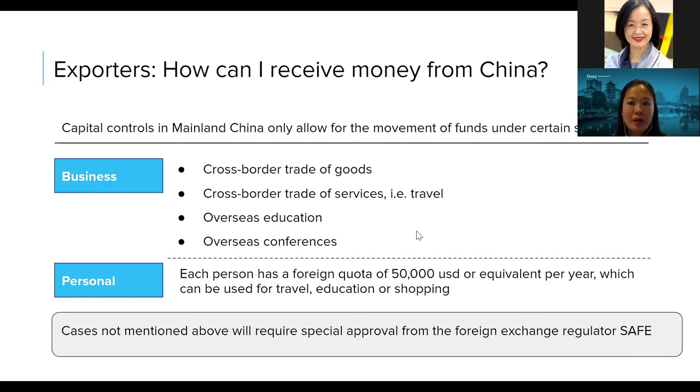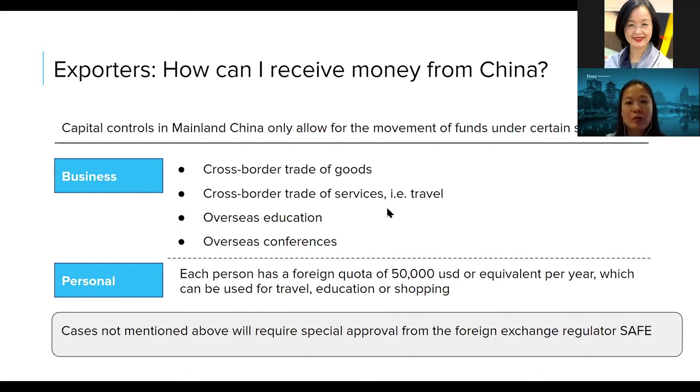So going back to mainland China, if you're an exporter, what are the things that you need to take into account? And can your buyers in China directly send you money outside? Right now, if you're a business, the categories that the Chinese regulator allows to move money from China to outside are cross-border trade of goods and cross-border trade of services. Here we're talking about travel, logistics, then overseas education.